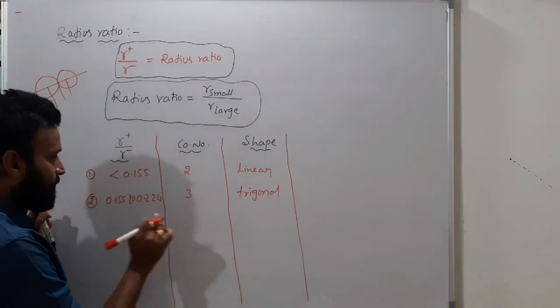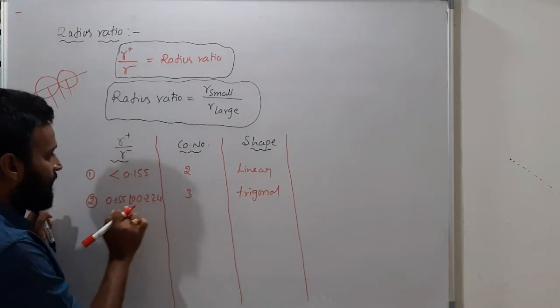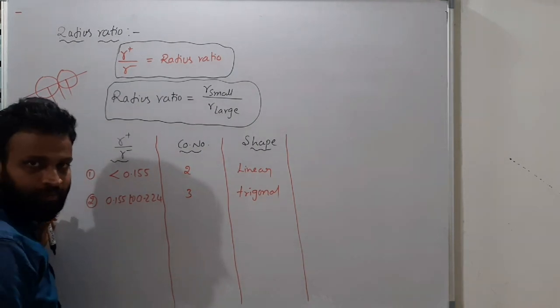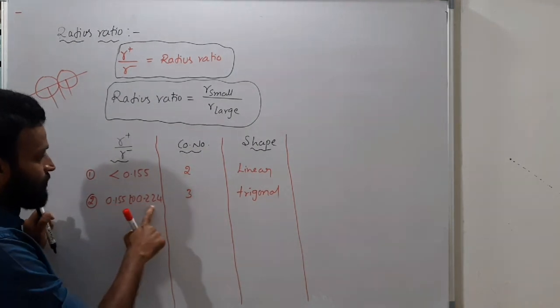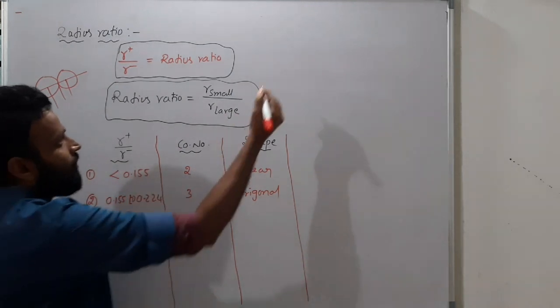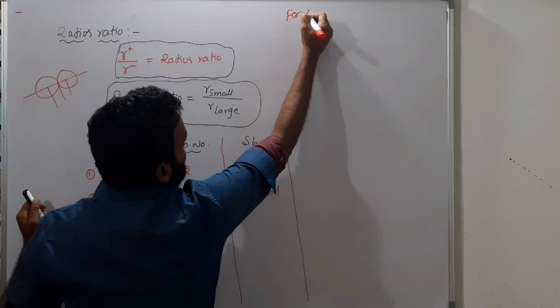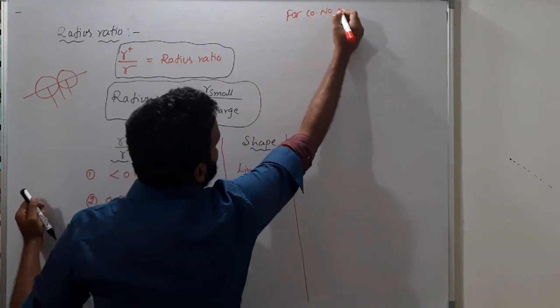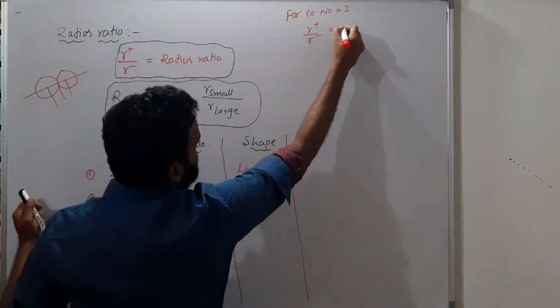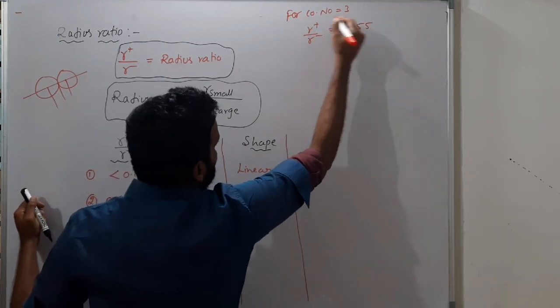Okay, in closest approach for this radius ratio you have to consider r plus by r minus is 0.155. Maximum distance means this you have to consider. So closest approach means for coordination number 3, r plus by r minus is 0.155 you have to consider.